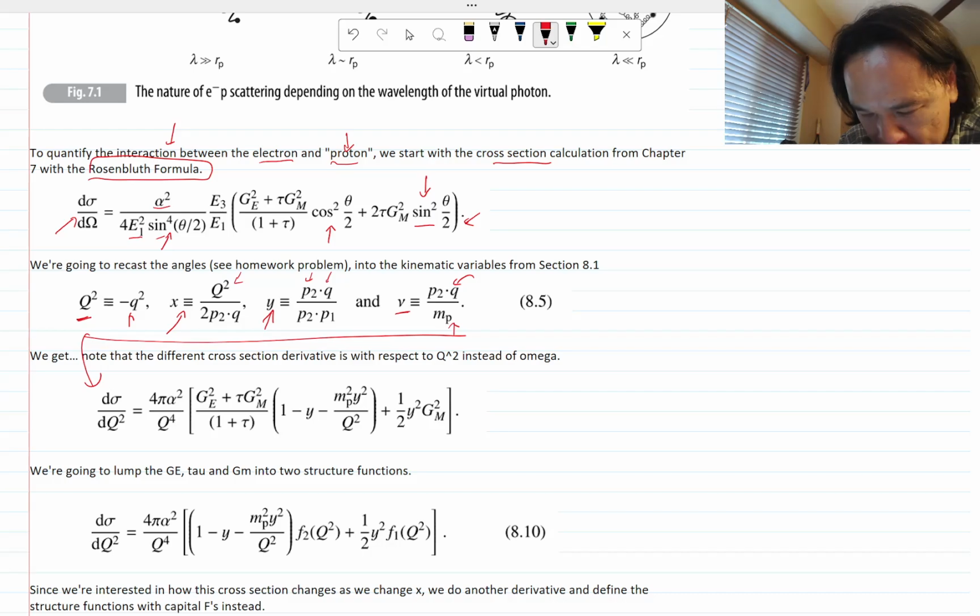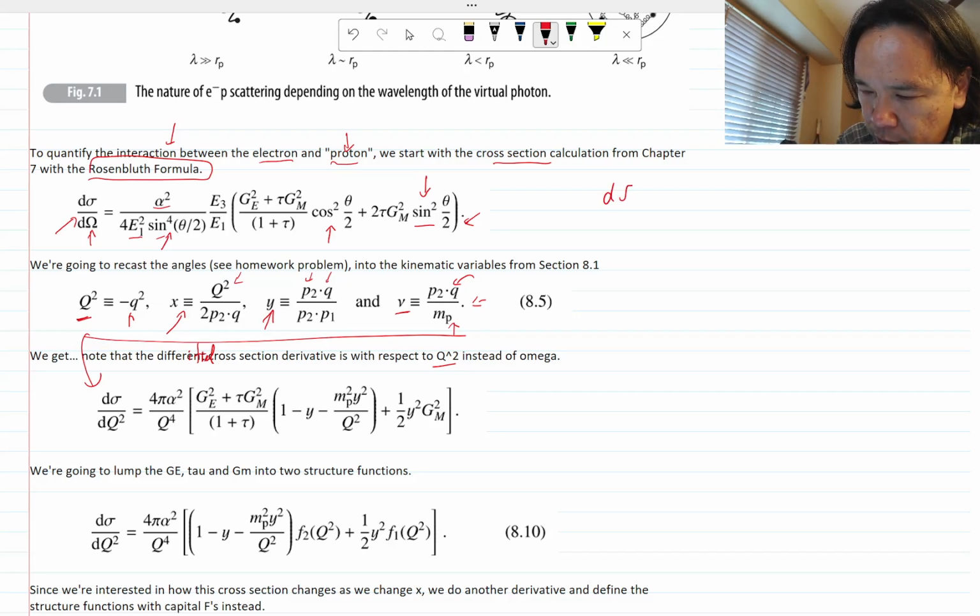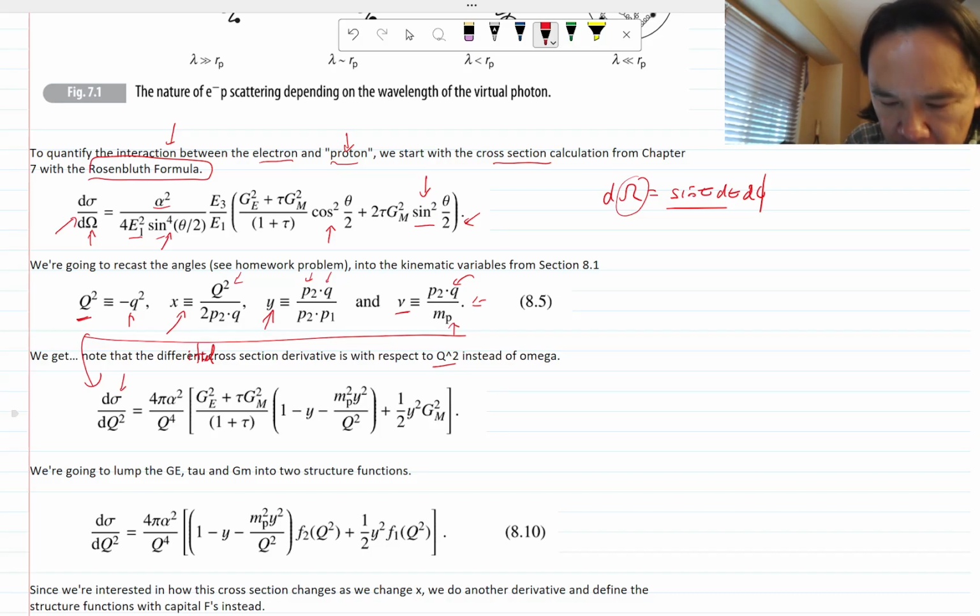Okay. And what will happen is that once you do the substitution to calculate these in terms of the angle between them and stuff like that, the differential cross section will turn into, instead of the differential in terms of omega, because remember d omega is basically sine theta d theta d phi, when you do this change of variable, instead of depending on omega, this differential cross section actually depends on q squared instead.